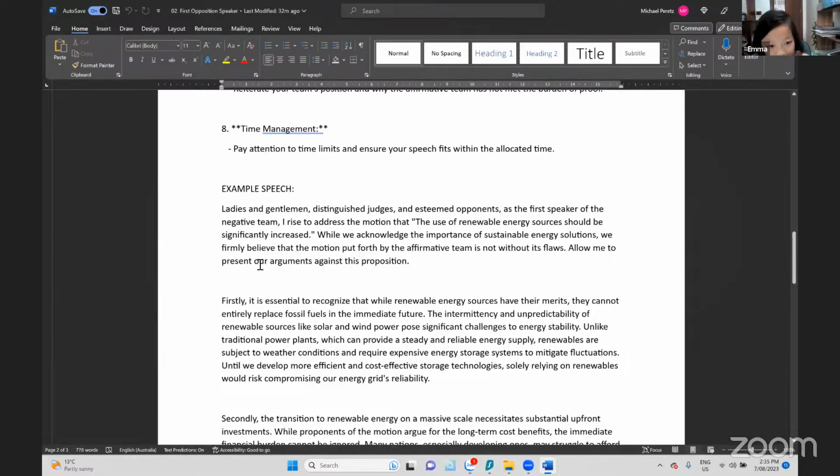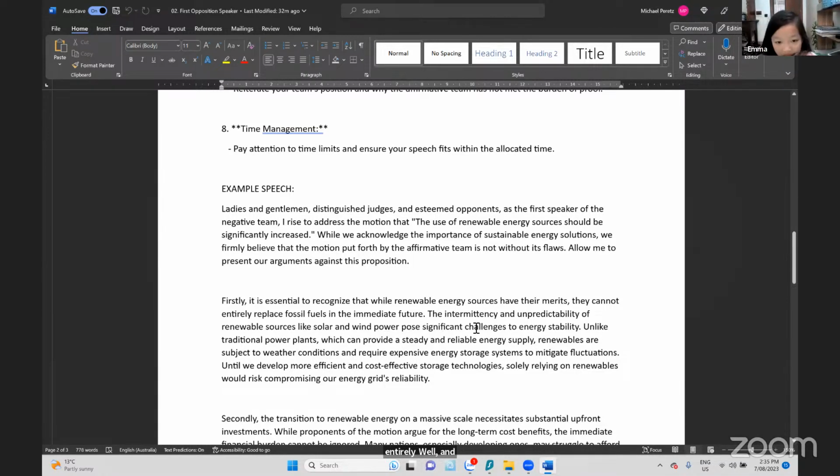Allow me to present our arguments against this proposition. Firstly, it is essential to recognize that while renewable energy sources have their merits, they cannot entirely replace fossil fuels in the immediate future.